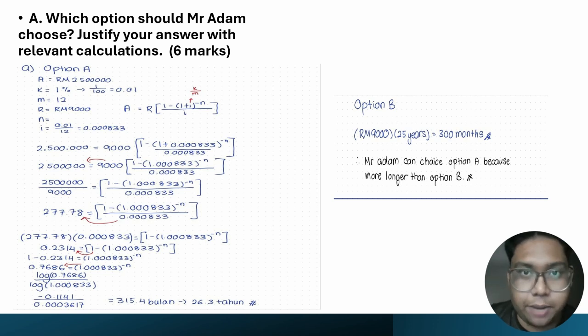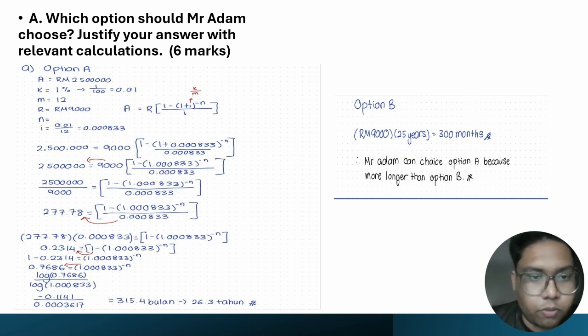So now we must find N, because N is the years. So the formula is A equals R times (1 minus (1 plus i) to the power of minus N) divided by i. For the i, we have calculated earlier, which is 0.01 divided by 12, and we will get 0.000833.